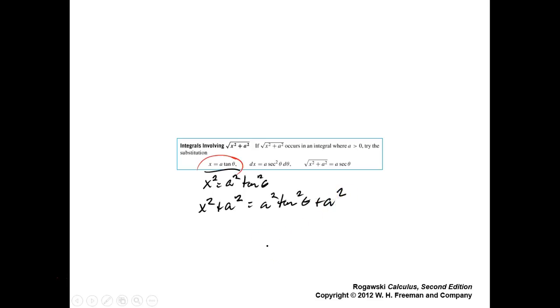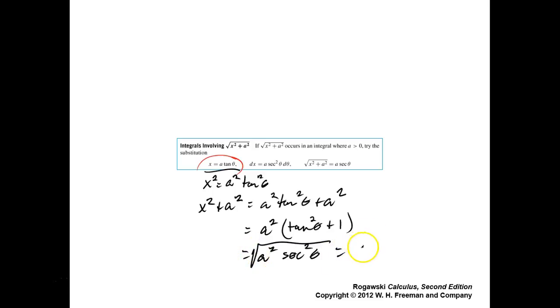And what can you do with that? Factor out an a squared. Okay. And that leaves you with a squared times tangent squared theta plus 1. And that would be an a squared secant squared theta. Okay. And if you're taking the square root of that, then that would be a secant theta. Right? Okay. Now, also, if you're taking x equals that, what would your dx be equal to?